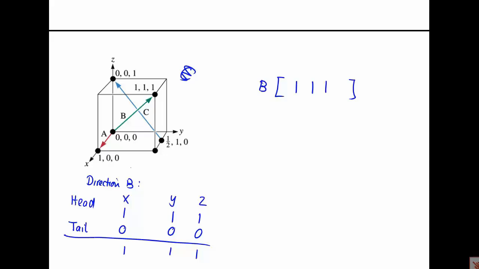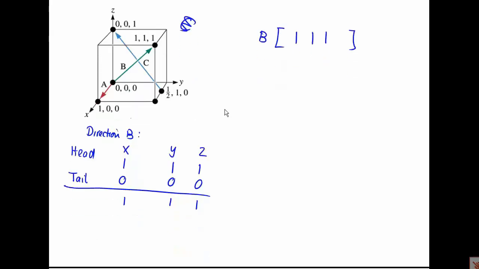And this is telling us that the direction is the same direction as we would get had we moved one lattice parameter in the x-axis, one lattice parameter in the y, and moved along the z-axis with displacement of one lattice parameter. So these are known as Miller indices.